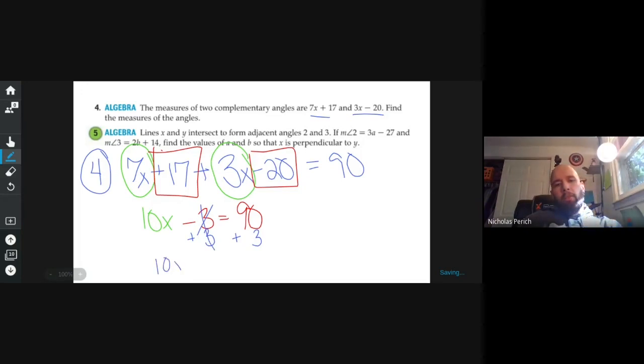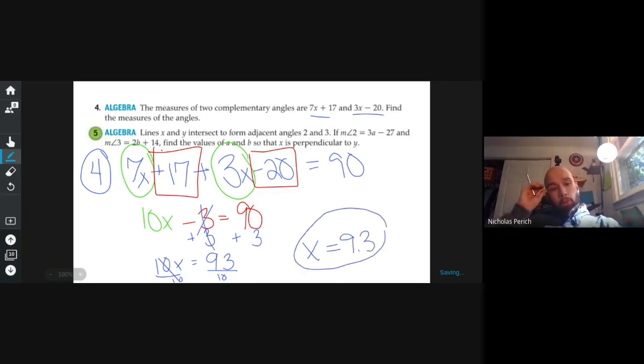Cross that out. 10x equals 93. Athena has the answer and is correct. Divide by 10. Ugh. Divide by 10. And x equals 9.3.